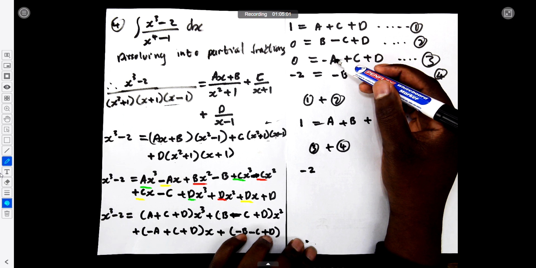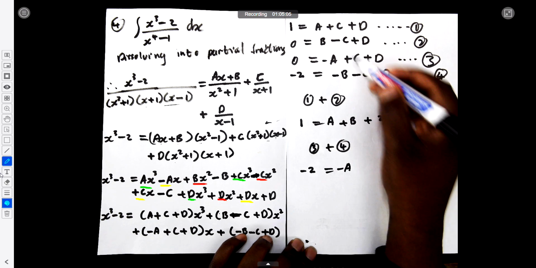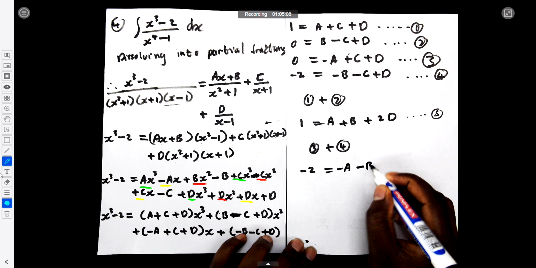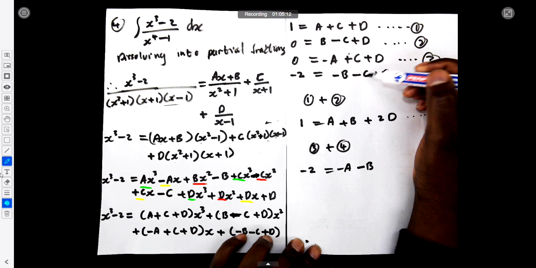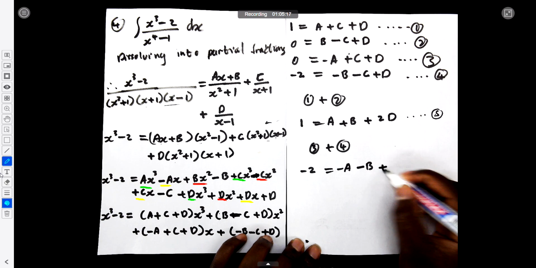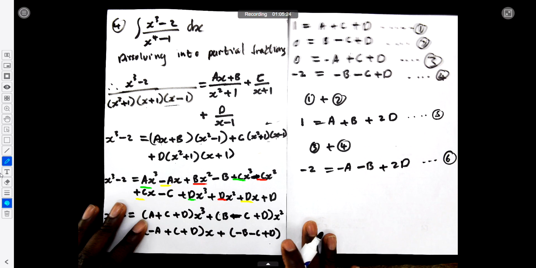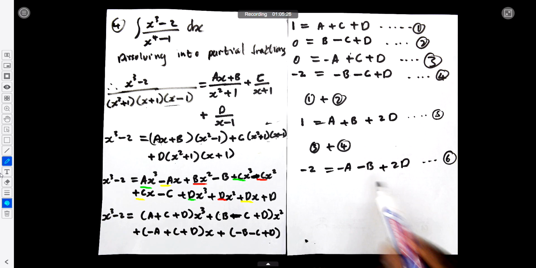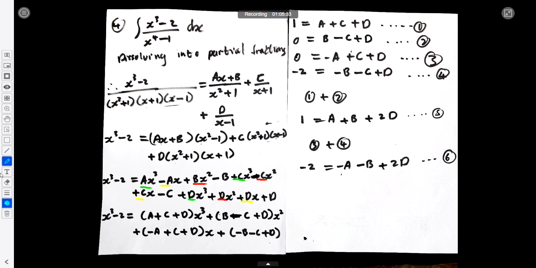Then minus A doesn't have a like term here, it is still minus A. Then B in this equation doesn't have a like term, it's still minus B, isn't it? And therefore, C eliminates C. I hope you see. Therefore, D plus D is 2D. Then let's say we have created equation 6 from adding the equations. Please don't be tempted to go and take this and add it to any of the equations there. They are out now. We are left with these 2 equations after we've eliminated.